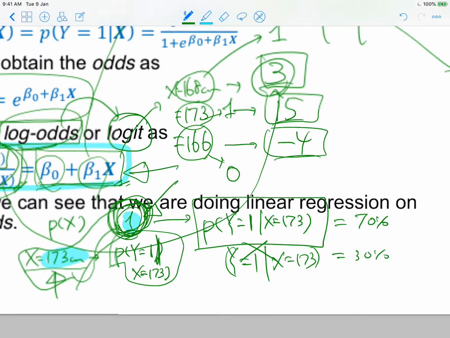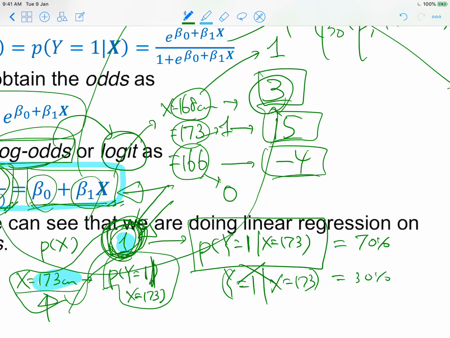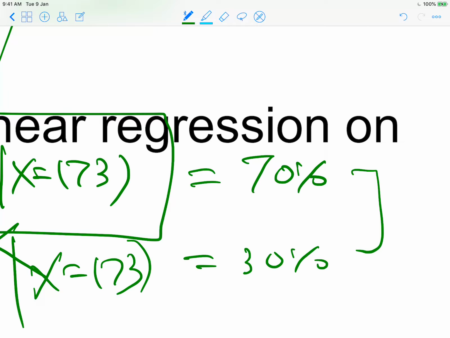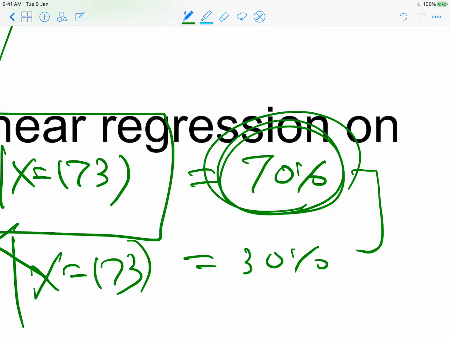Then what will be the probability of observing 173 and 1? If these are the true values, then observing a male person given a height of 173 will have probability 70%, right?